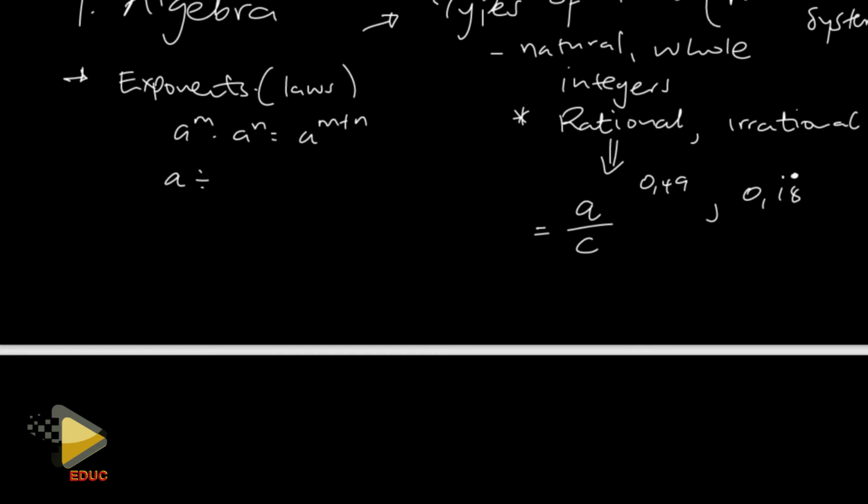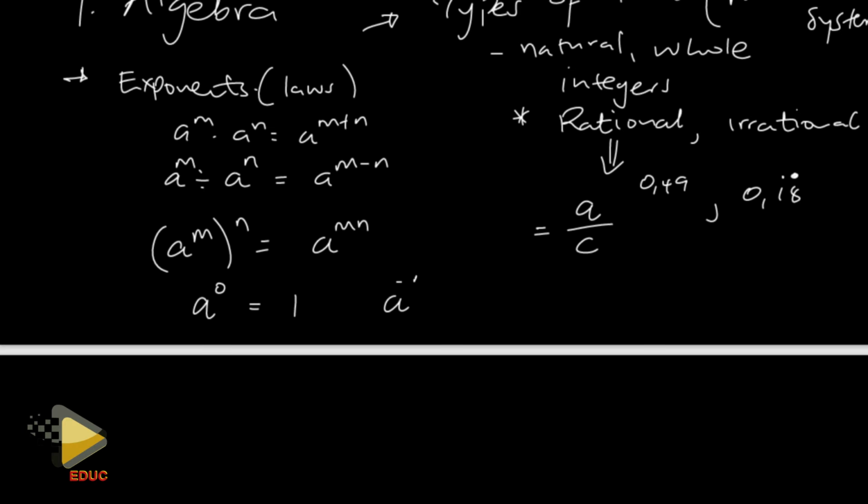When you're dividing numbers of the same bases, you just subtract them. If we have an exponent to the power of another exponent, we multiply those two exponents. The exponent of 0 is 1. If you have a to the negative m, this is the same as 1 over a to the m. These are basically the typical laws that they normally ask about.